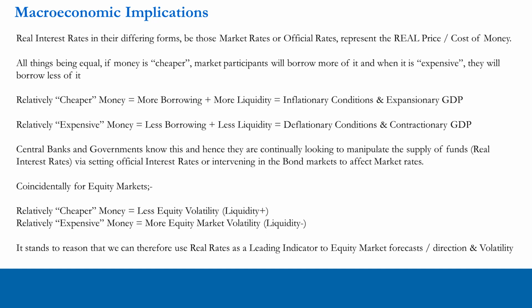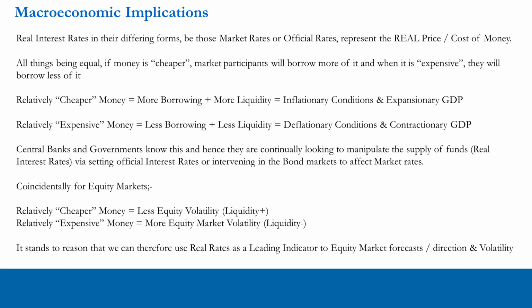Now, coincidentally, and I said we would come on to this a little bit later, in terms of the VIX and looking at real interest rates compared to the VIX, you'll find that relatively cheaper money, so lower real rates, is going to create less equity volatility because liquidity is higher, okay? And relatively expensive money creates more equity market volatility because there's less liquidity.